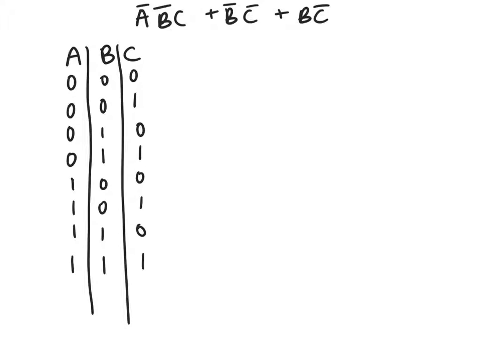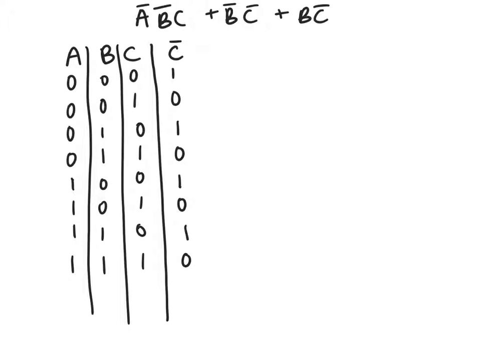Now we're going to continue working with our expression to see when not B and not C is true. Now we're going to write a table for not C, which is true whenever C is false. And again, not B, which is true whenever B is false.